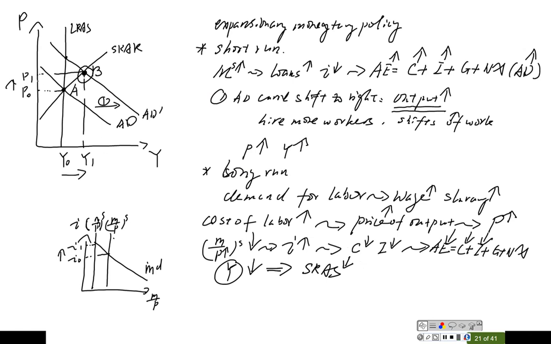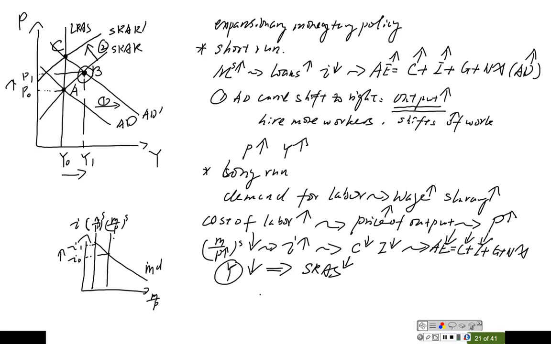Back to our graph: after the labor market became really tight, wages and salaries increase, and the short-run aggregate supply curve will shift to the left. So the whole economy will move from B to the new equilibrium point C here.